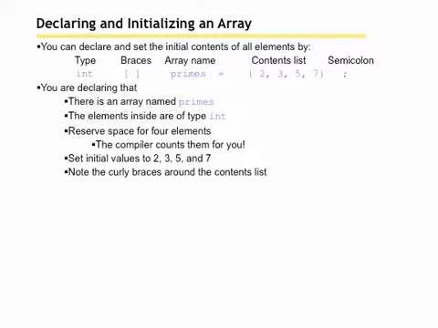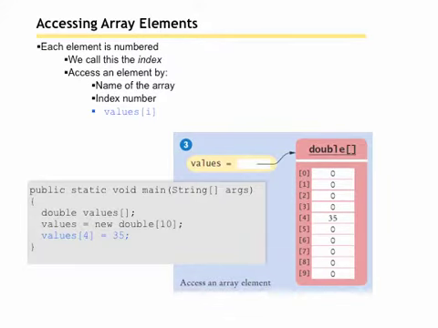Java is smart enough to count all these up, and in the case of this example, Java is going to say, okay, I need 4 integers for this array, and that's how big that array will be, 4 integers. One more thing, you don't combine both styles. It's either using the initializer list syntax or using the keyword new, but not both.